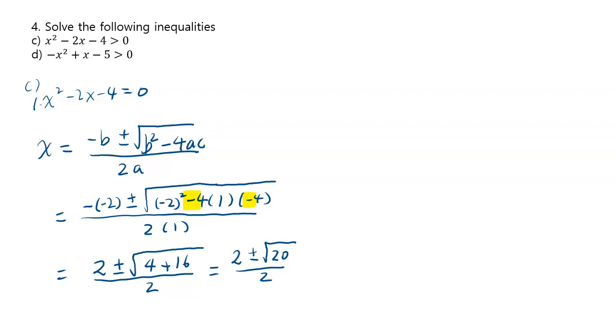So you have 20, which is 4 times 5, right? And 4 is a square number, so 4 can be brought outside the square root. Because the square root of 4 is 2, this becomes 2 plus minus 2 times square root of 5, over 2.